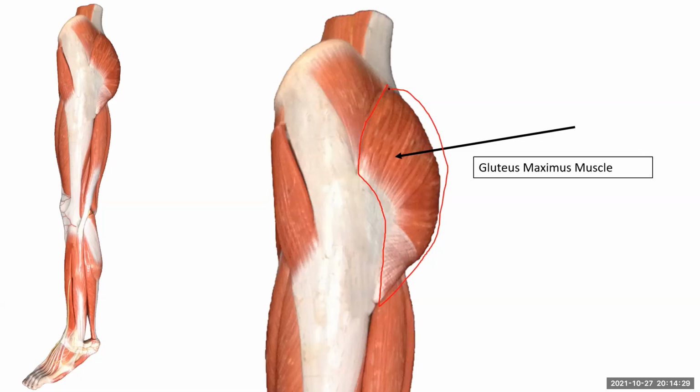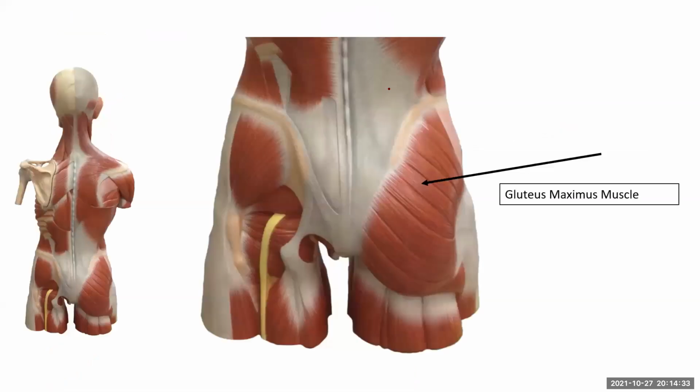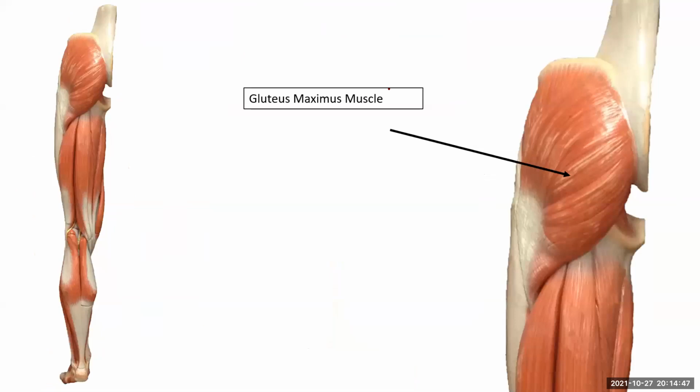Its main job is, it's the prime extensor of your hip. Here it is on the posterior view on this model, right, Gluteus Maximus. And here it is on this other model.